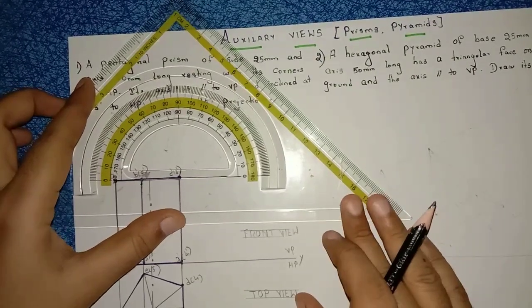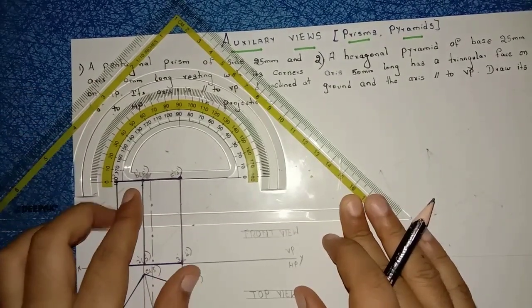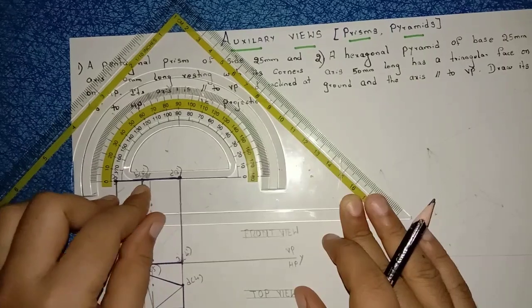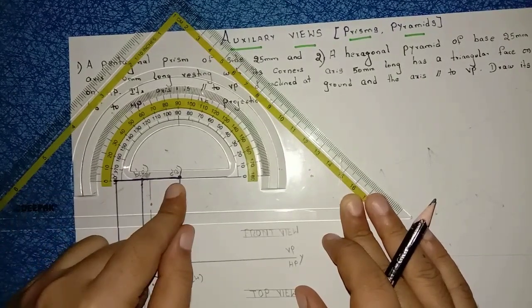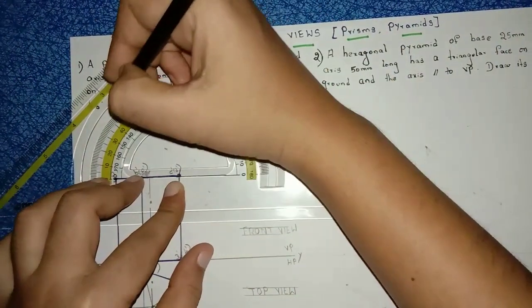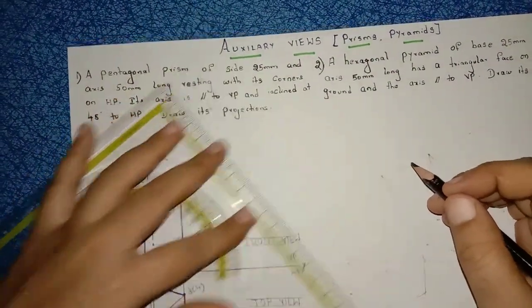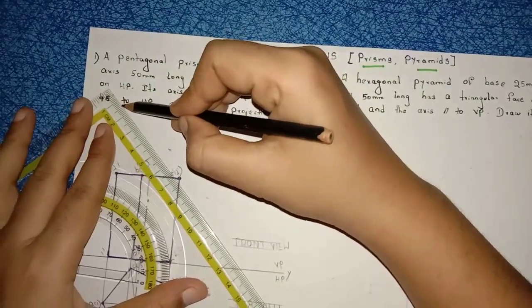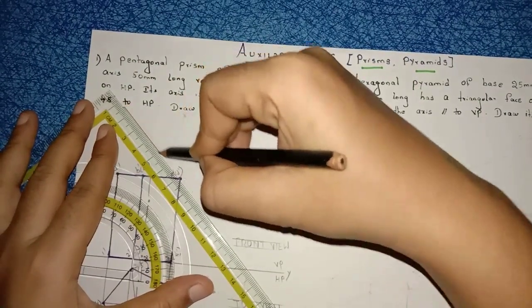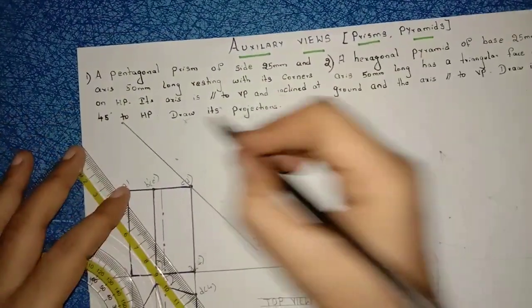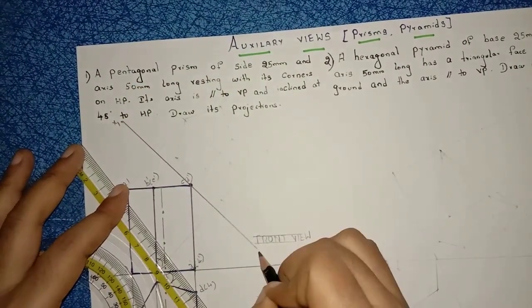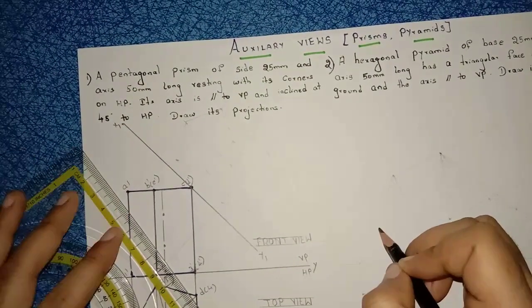Place your protractor on the end of the prism here. From C point, from the last corner, mark 45 degrees. Now draw a reference line of any length. Name it as x1, y1. This is your new reference line.